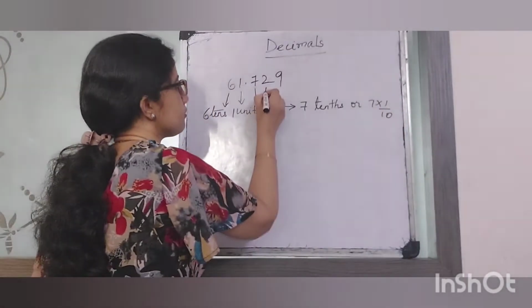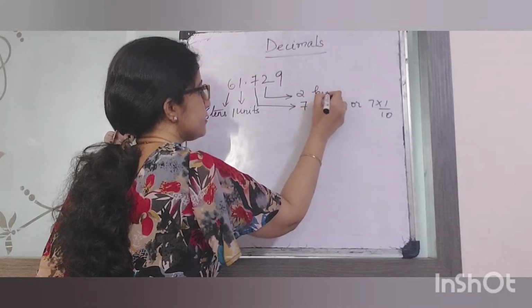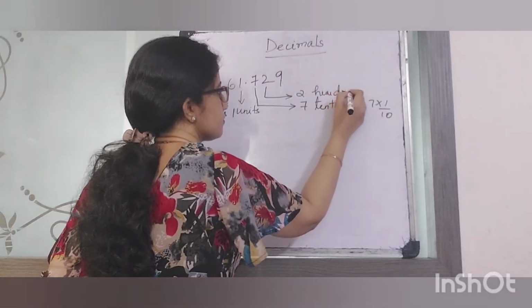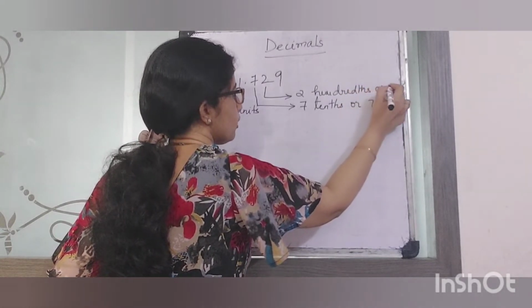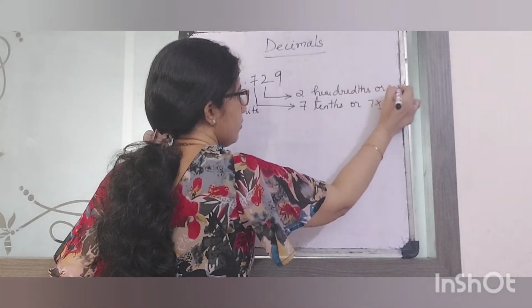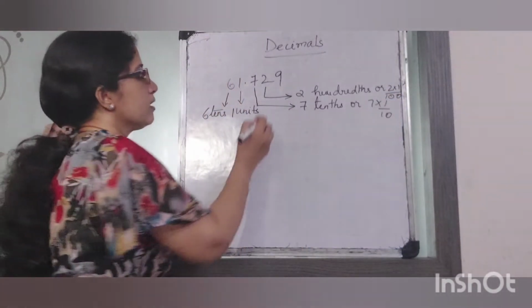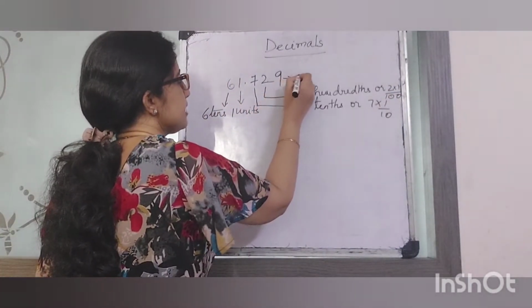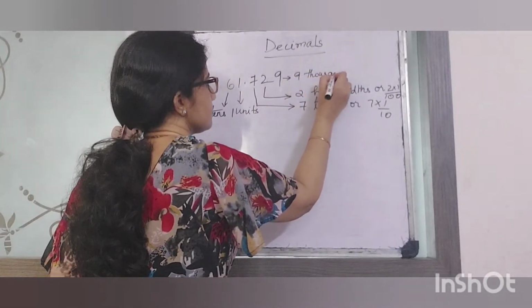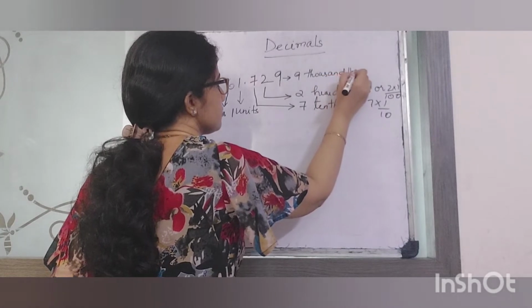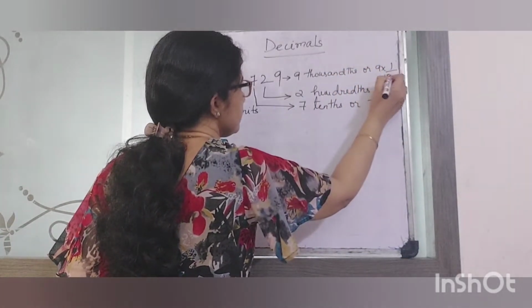Okay, place value of this 2 is 2 hundredths, or 2 into 1 by 100. Okay, place value of this 9 is 9 thousandths, or 9 into 1 by 1000.